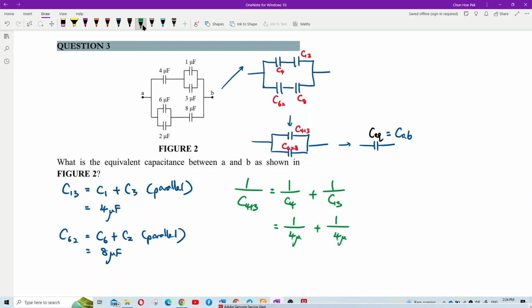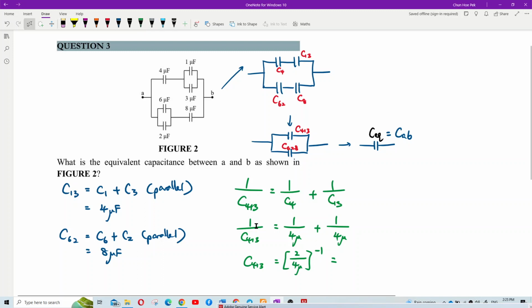So you get 2 over 4 micro. You need to invert it, because you got 1 over C. To get C, you need to invert it. So it becomes 4 micro over 2, which is equal to 2 microfarad.